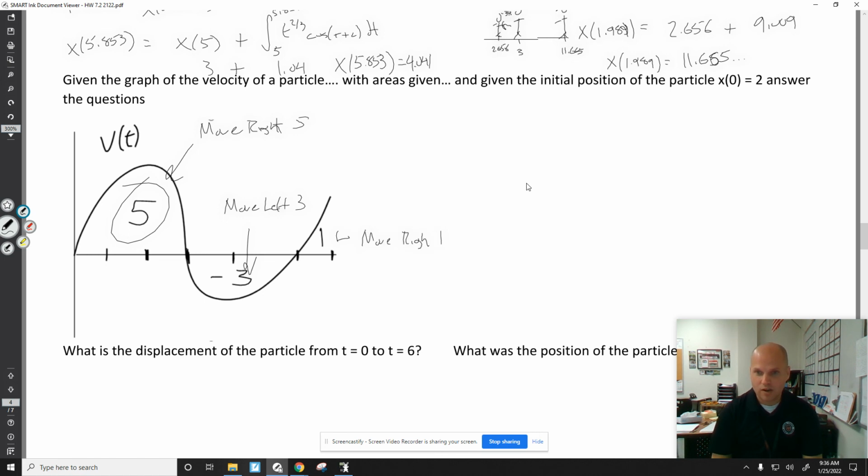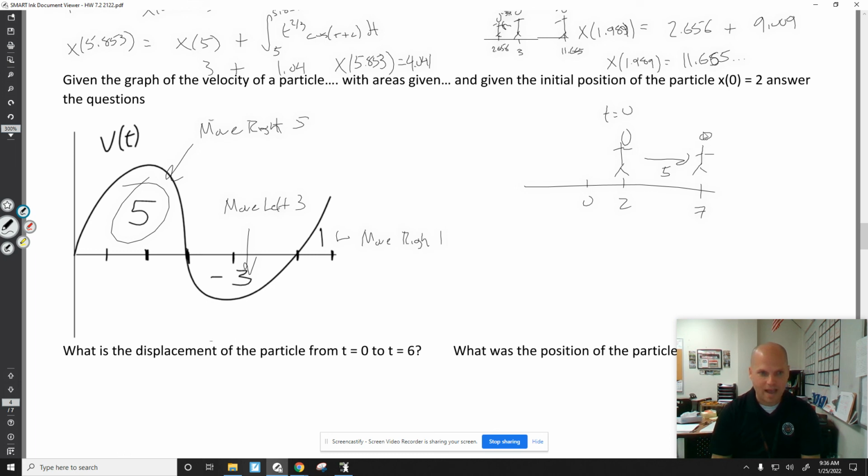If you know where you started, you can really, like before answering or reading any question, know exactly what's going on. I start at a position of 2 at time 0. After 3 seconds, I'll move to the right 5. So that means I'm going to 7.